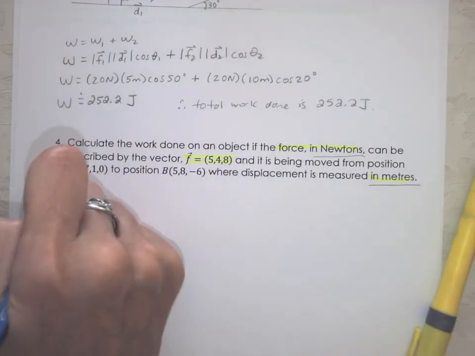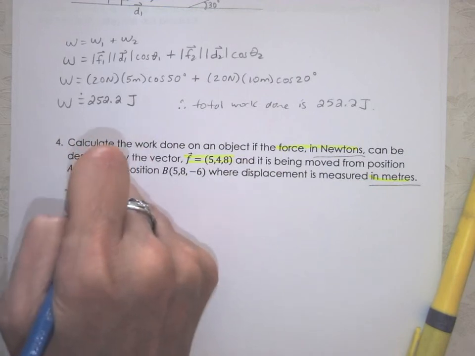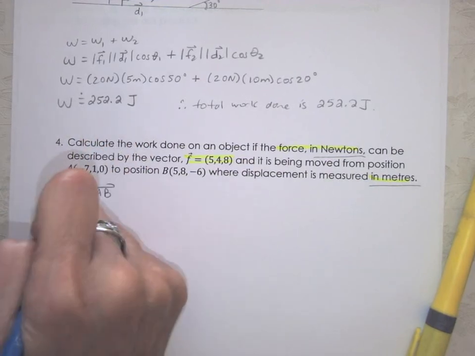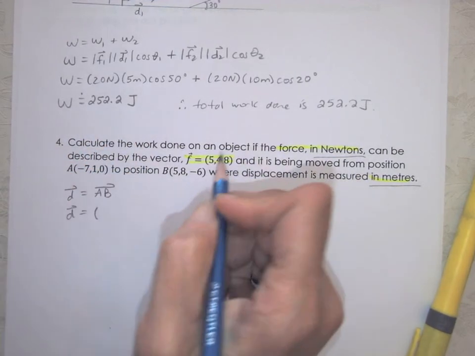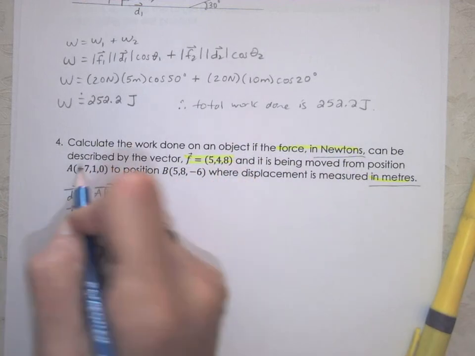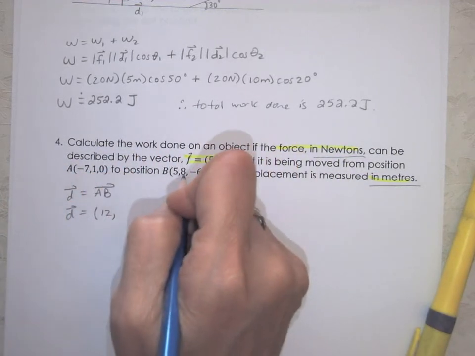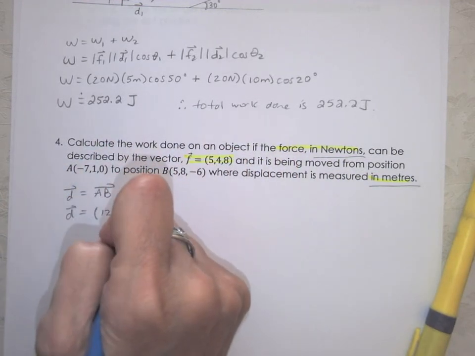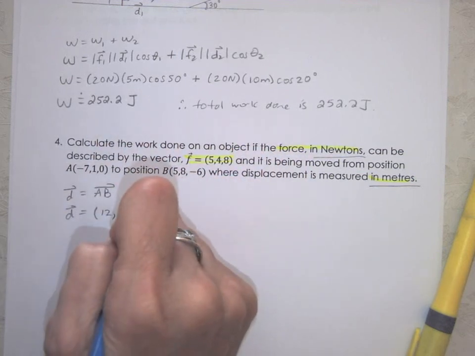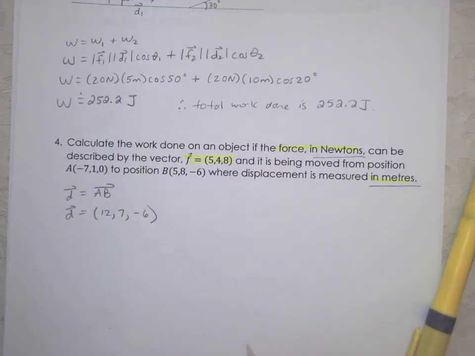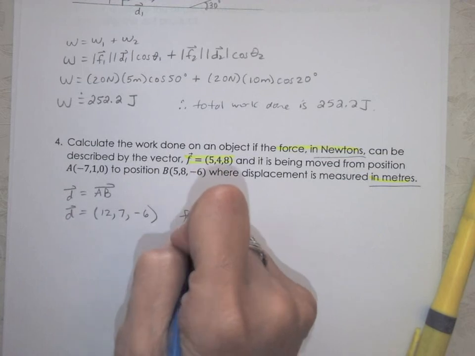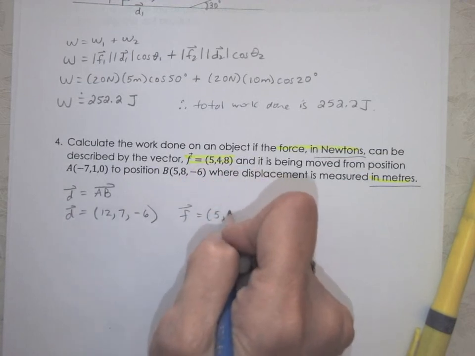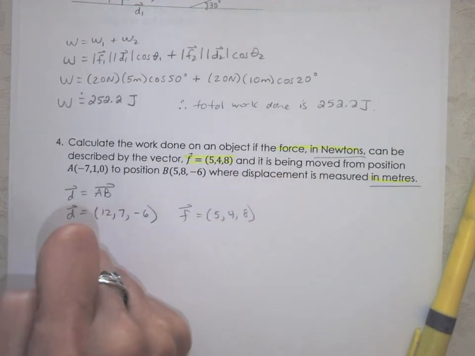Our displacement vector is the vector from point A to point B, which we know is B minus A. So 5 minus -7 is 12, 8 minus 1 is 7, -6 minus 0 is -6. So now we've got a displacement vector and we've got a force vector. This makes it really easy to do our dot product.